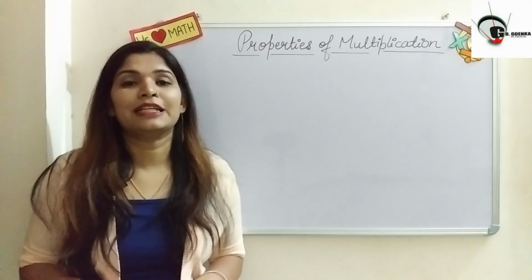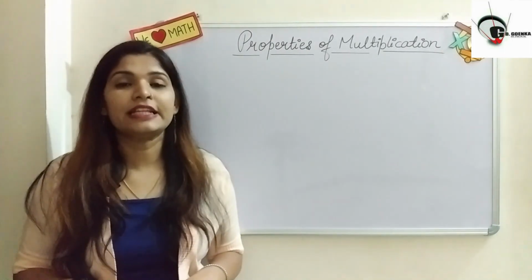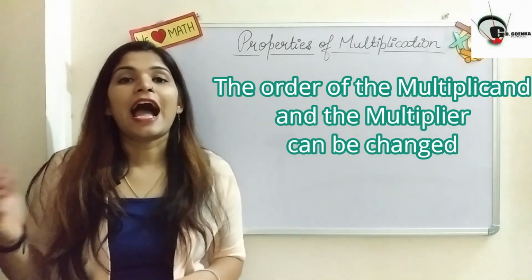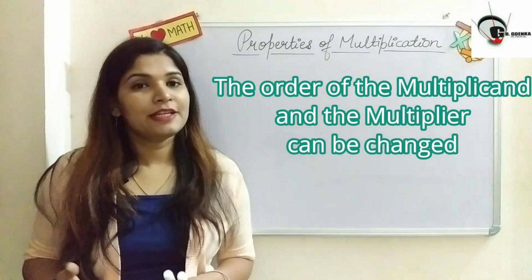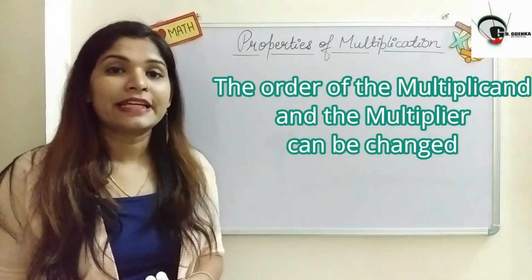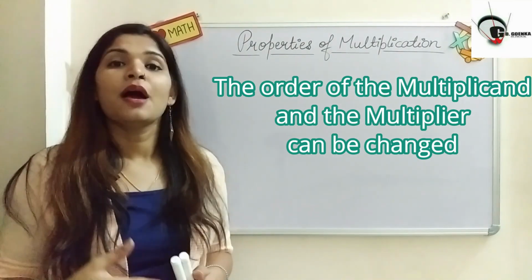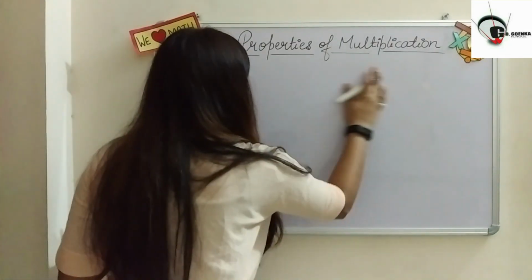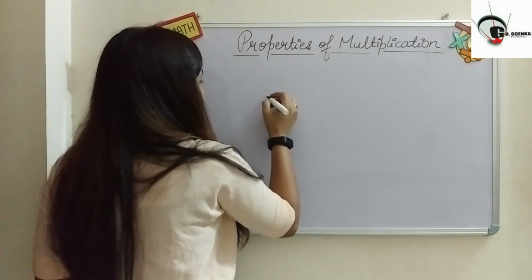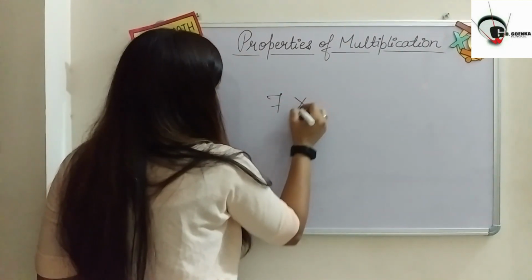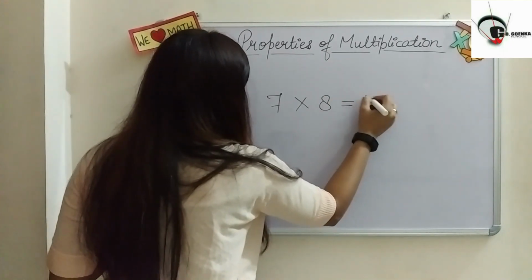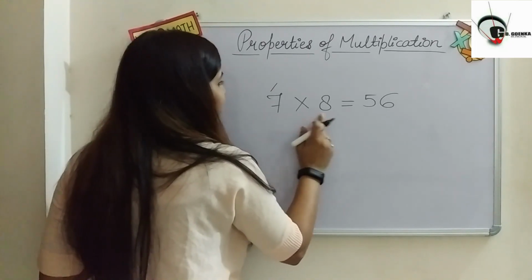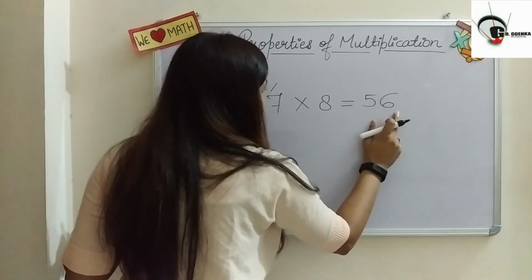Similarly, in multiplication also we have the same property, that is, the order of the multiplicand and the multiplier can be changed, but it will give the same answer. With an example, if I am doing 7 8s are 56, here we have 7 as the multiplicand, 8 is the multiplier, and 56 is the product.